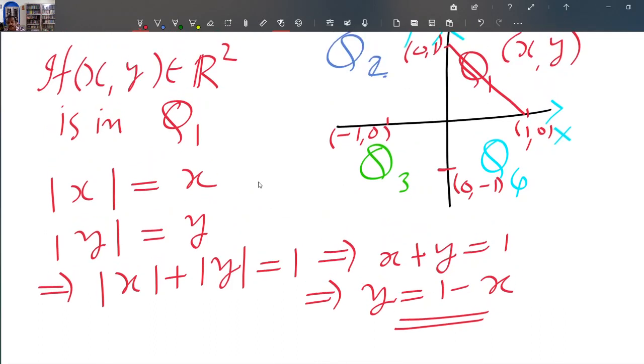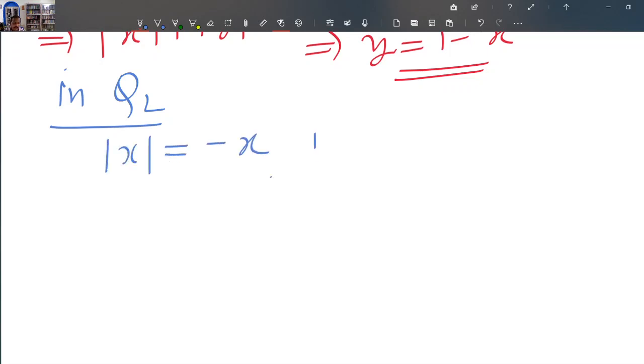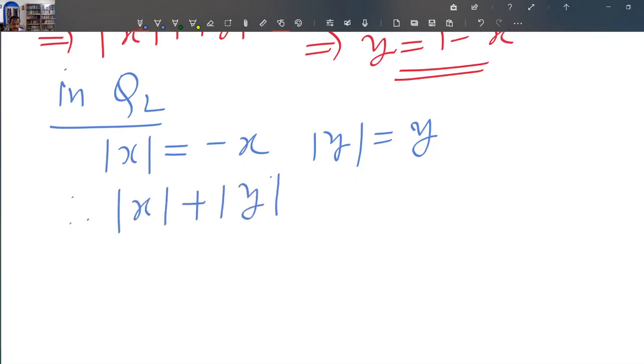Now you consider Q2. In the second quadrant, we have modulus of x is minus x and modulus of y is y itself. Therefore modulus of x plus modulus of y equal to 1, which is obtained from norm of v equal to 1.